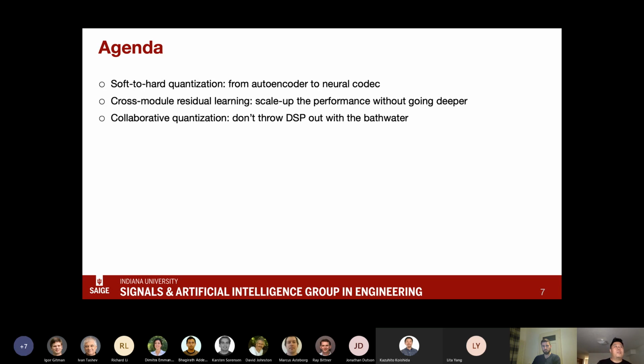Then I will introduce a concept called collaborative quantization, where we borrow a highly mature technique from DSP to make the model even more efficient with even better quality performance. Last, I will talk about a better loss function for audio coding, where we employ psychoacoustic calibration to train the model.